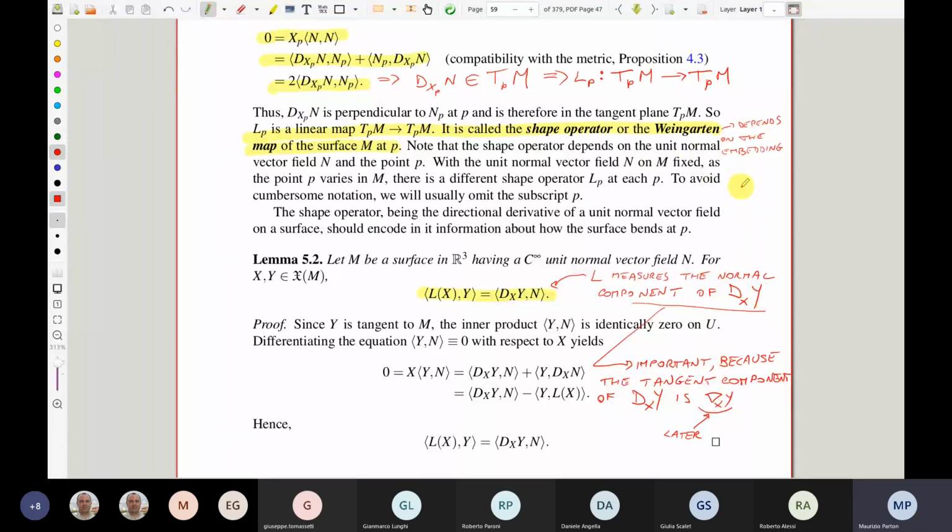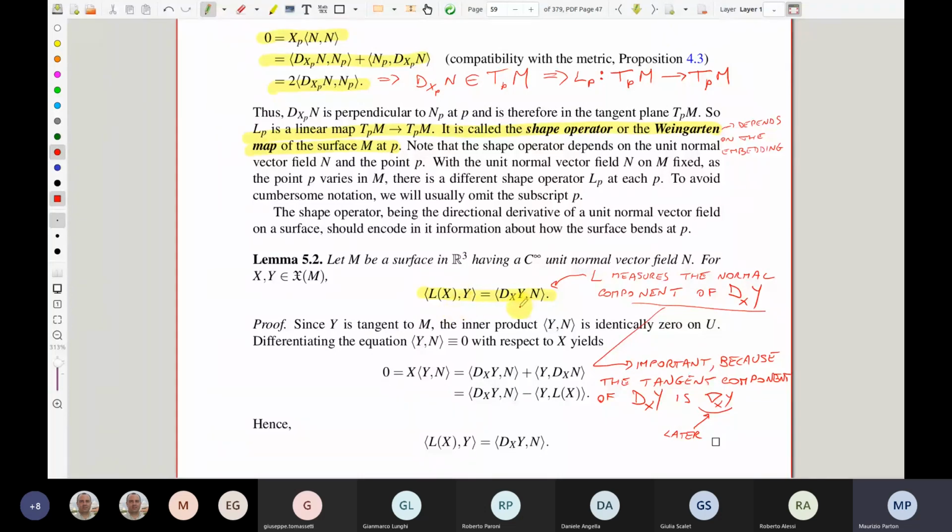Fundamental form equals metric and shape operator. Now, this is an important formula. Just remember that when you take the scalar product of the image under L of a vector, and you take the scalar product with respect to another tangent vector, this is a number, okay?